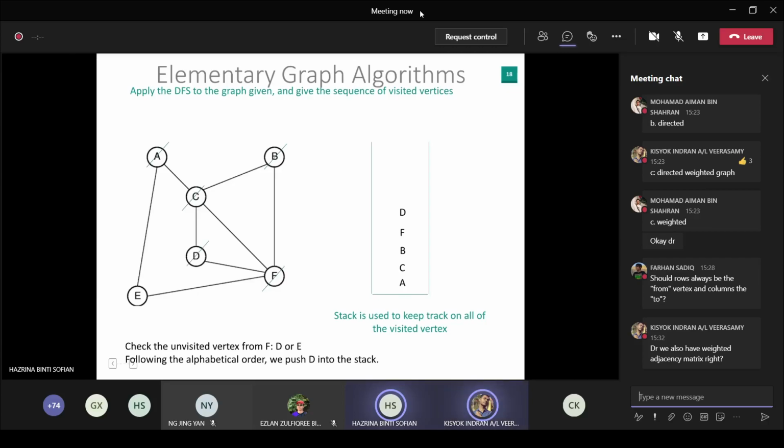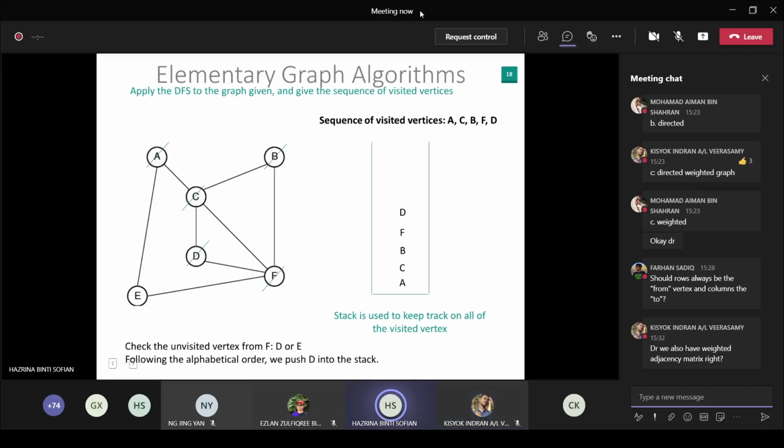The vertices connected to D are C and F, but they have been visited. E is not connected to D.